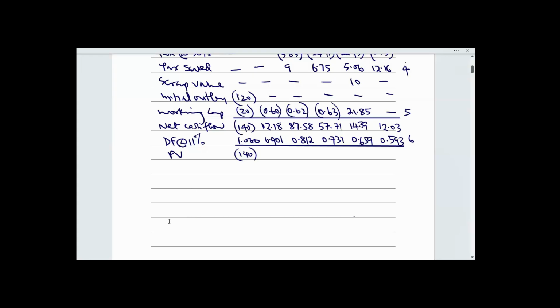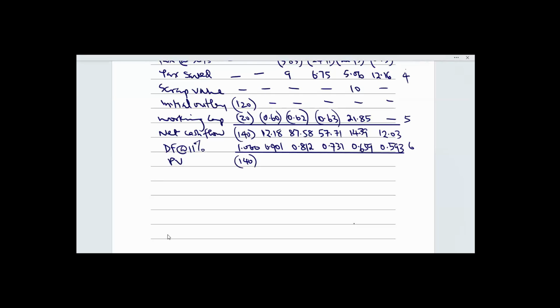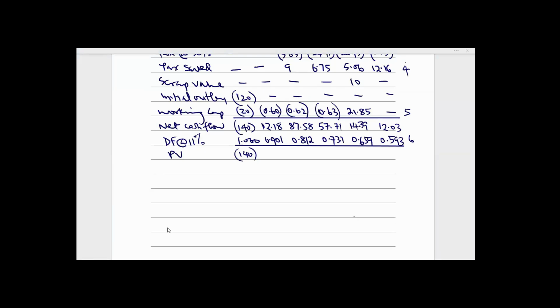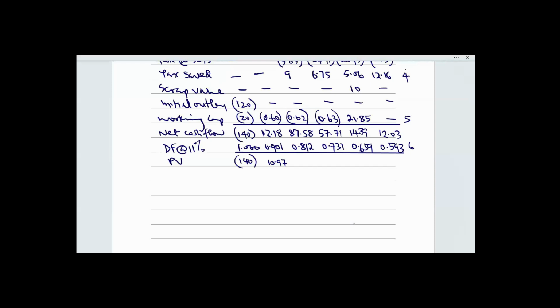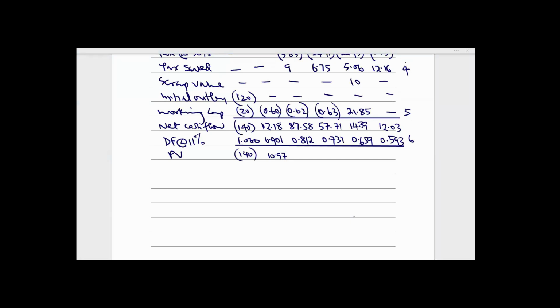Now, PV of year 1 will be 12.18 multiplied by 0.901 equals 10.97. Year 2 is 71.11. Year 3, 42.19.